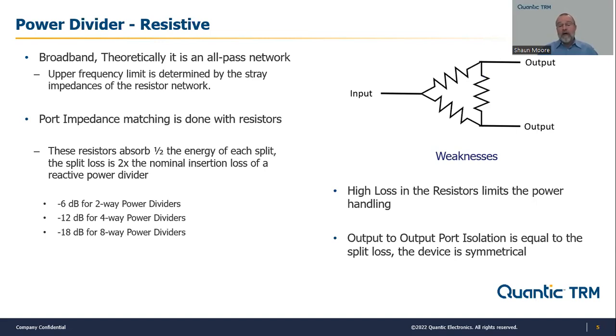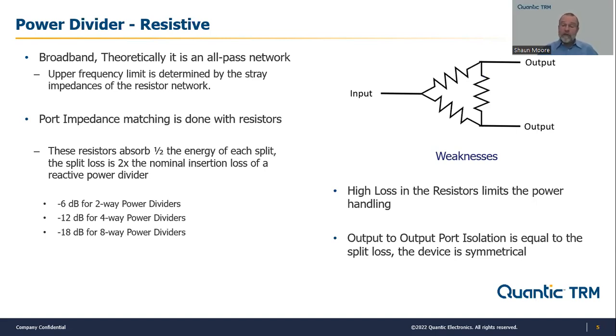And as you can see by the graphic in the upper right-hand corner of your screen, this is a symmetrical device, and being symmetrical means that there is no additional isolation between the output ports. So the isolation on the output ports will be equal to the insertion loss going back to the common port.